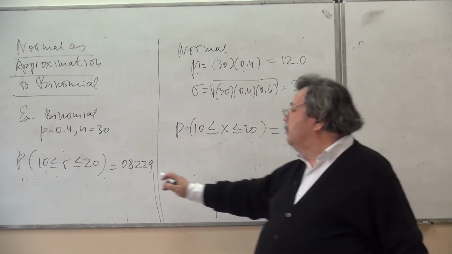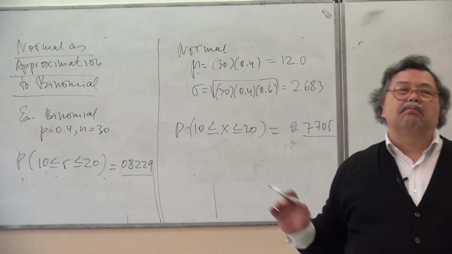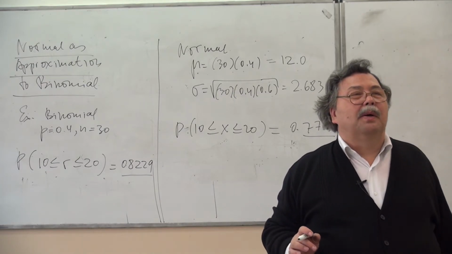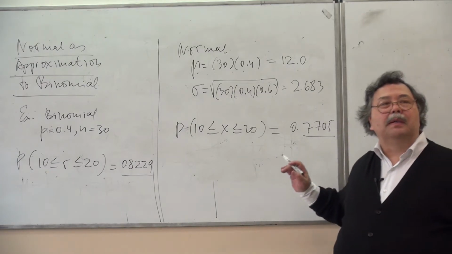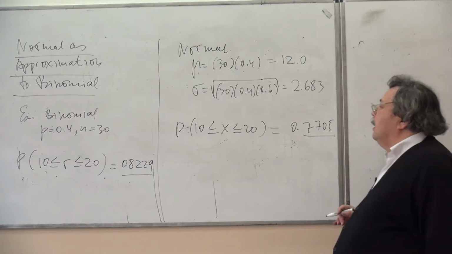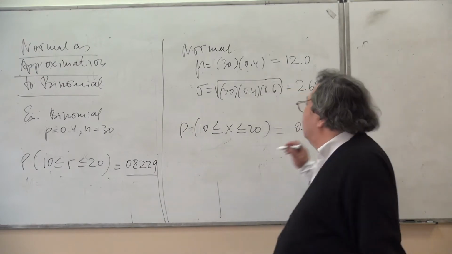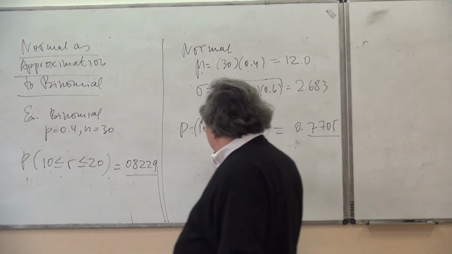Is it a good approximation to this one? Not really, okay? It's kind of a ballpark figure. It's not very different, but it's not very close either, okay? Actually, we can do better than this. Look at this.